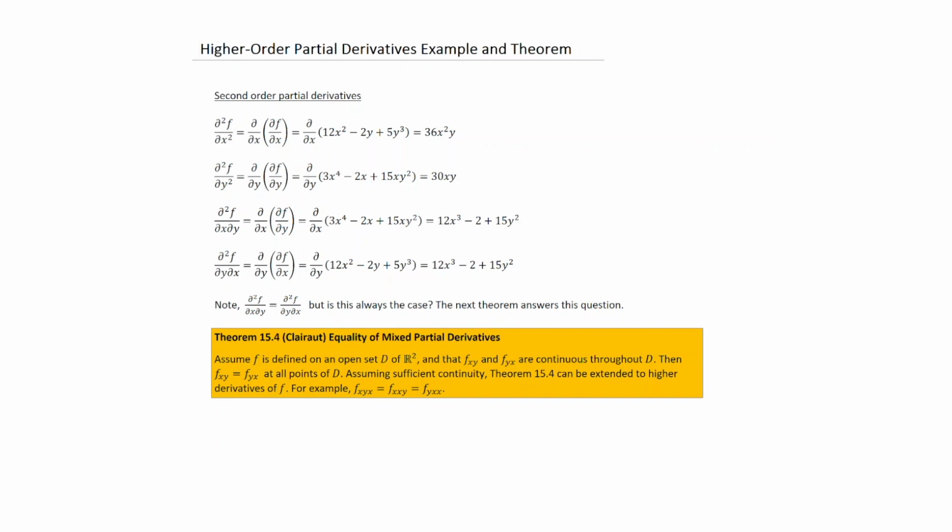For example, fxyx equals fxxy equals fyxx. In this case, you would have to show that all of those three partial derivatives are continuous. That's basically how you would go about doing it. We know how to prove continuity, and so you have the tools that allow you to do that.